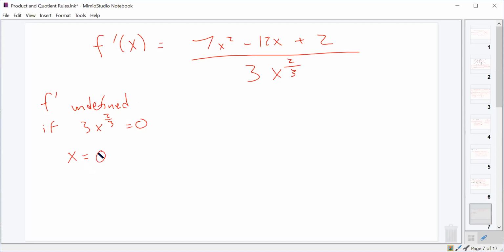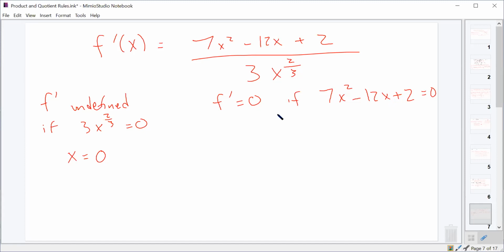Zero. And when does f prime equal 0? When does a fraction equal 0? If its numerator equals 0, right? True? True. Okay.